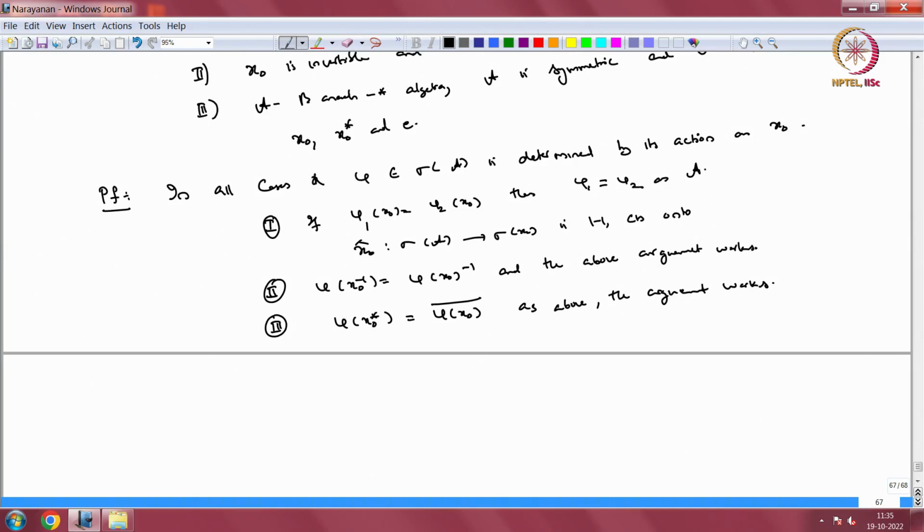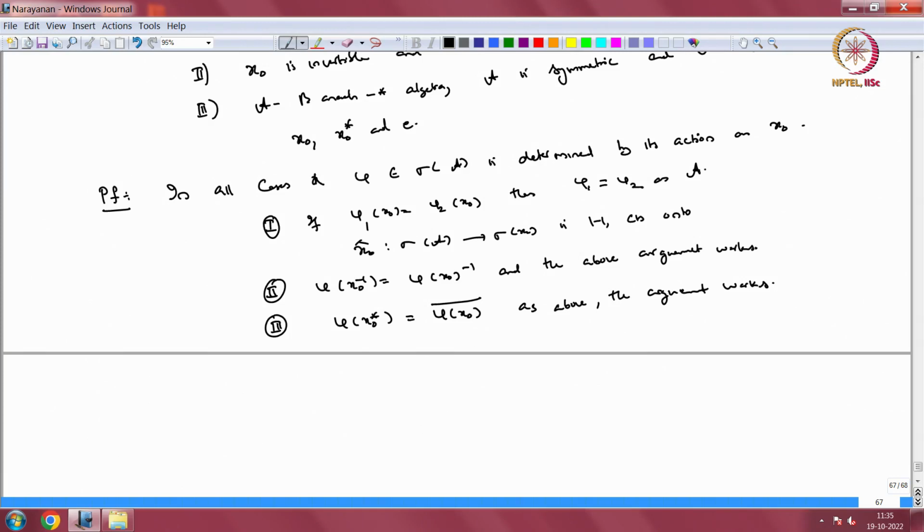If phi 1 and phi 2 agree on x naught, then they will agree on x naught star, and phi 1 and phi 2 agree on e anyway. So, they will agree on the algebra generated by these 3 elements, which is the whole A, and so we are done.